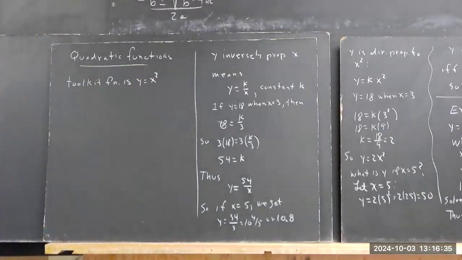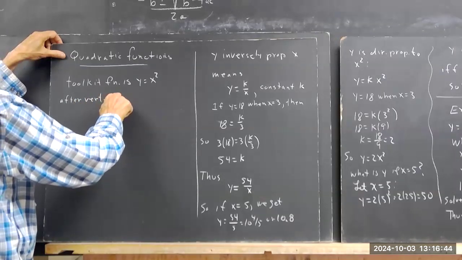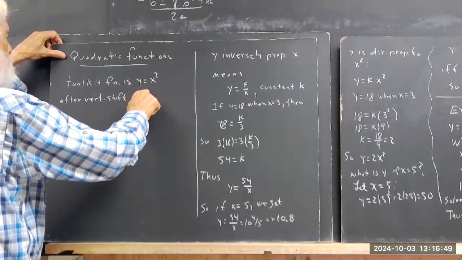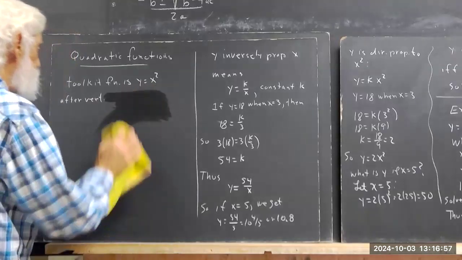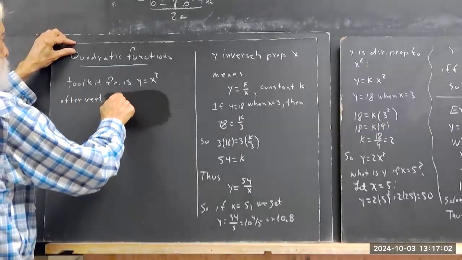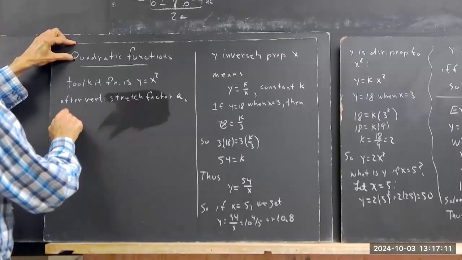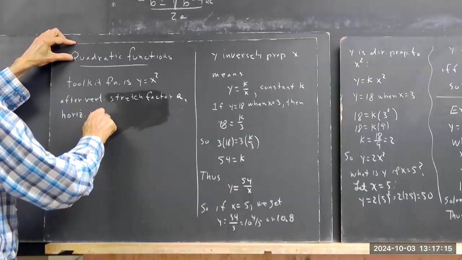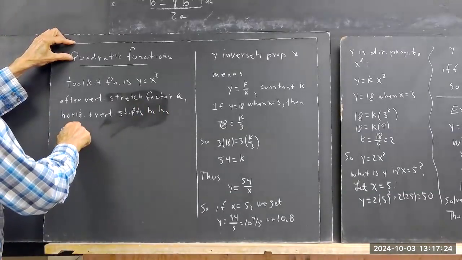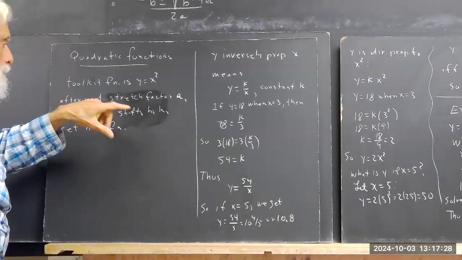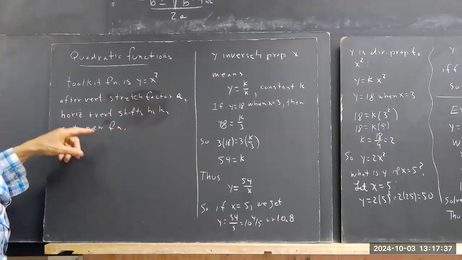Toolkit functions, y equals x squared. After vertical stretch factor A, and vertical and horizontal shifts, horizontal and vertical shifts H and K, we get a new function.